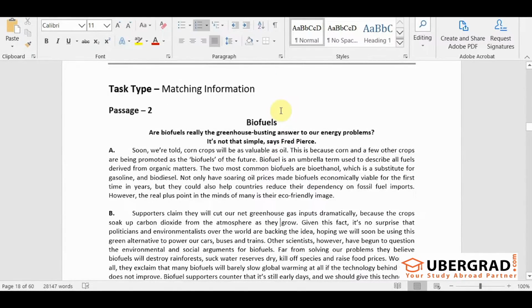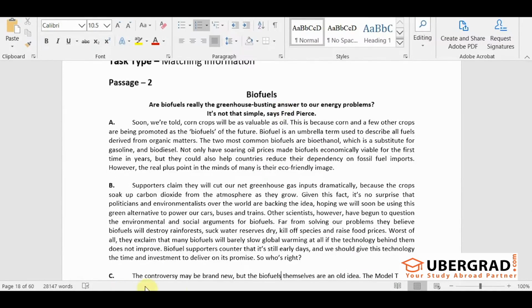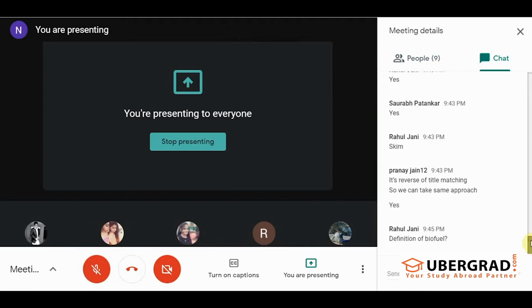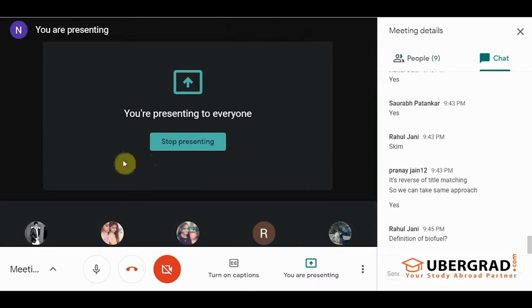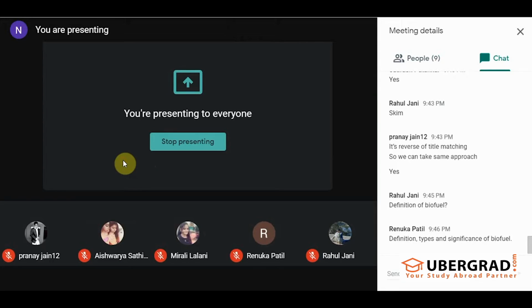Now the first paragraph, A. Definition of biofuel is there. Definition, types and significance. Yes, significance definitely.